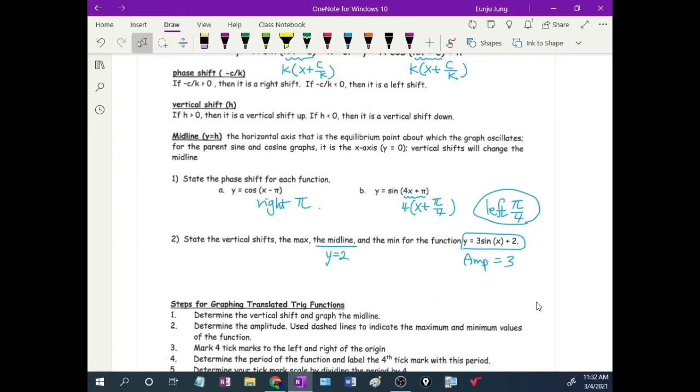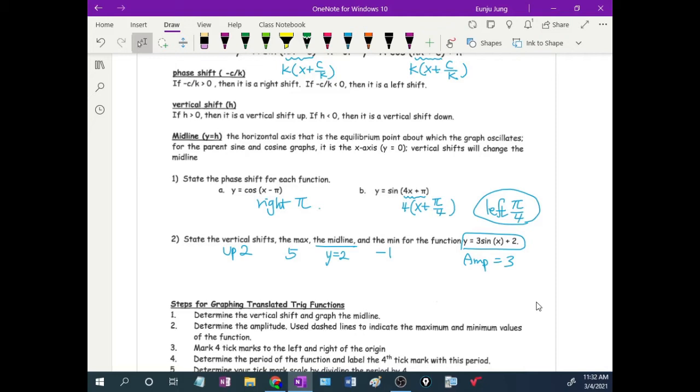What is the maximum? 5. And what is the minimum? 3 down from number 2. That will be negative 1, right? Okay. So you can find maximum and minimum by using amplitude. What is the vertical shift? Up 2 units, that is related to the midline we started with, okay?